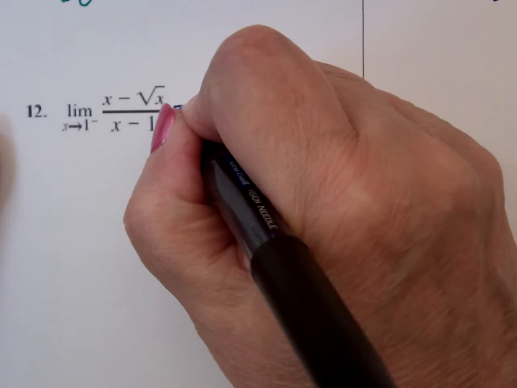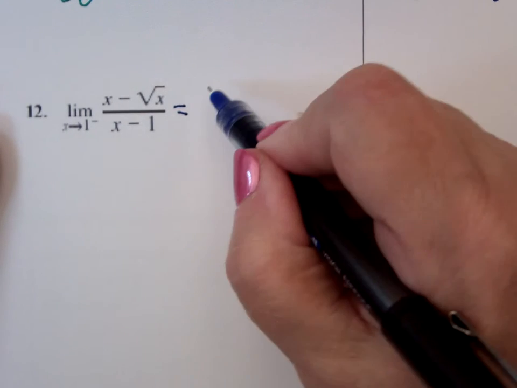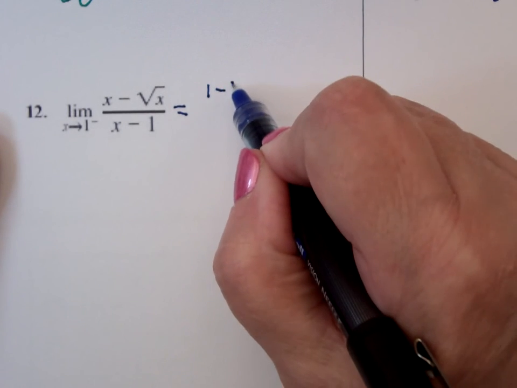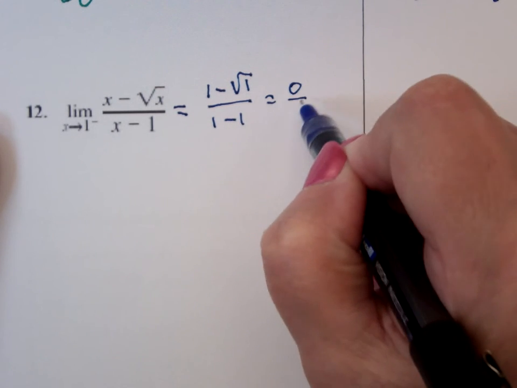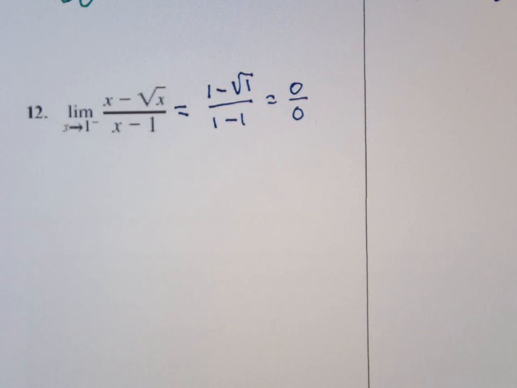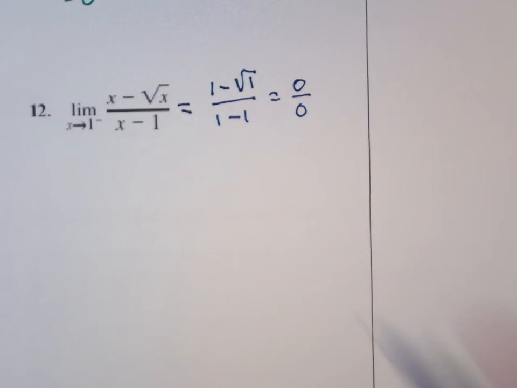If I plug it in, I would get 1 minus the square root of 1 over 1 minus 1, which is 0 over 0. And all this says is, I don't know what the thing does. It might go to a number for all I know. It could go to plus or minus infinity. All this says is, don't know.